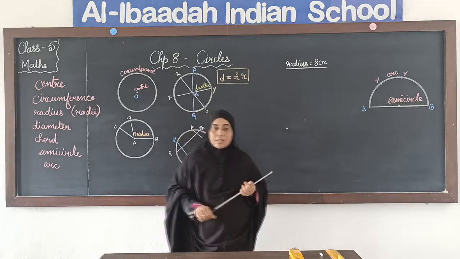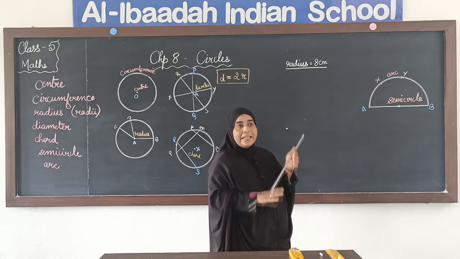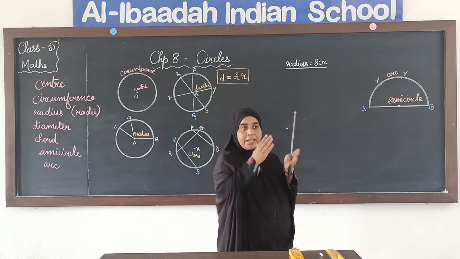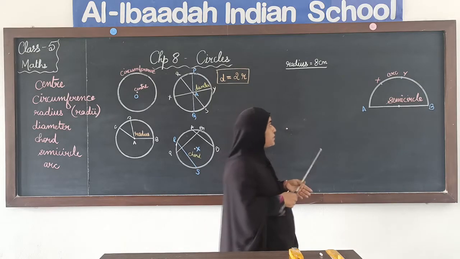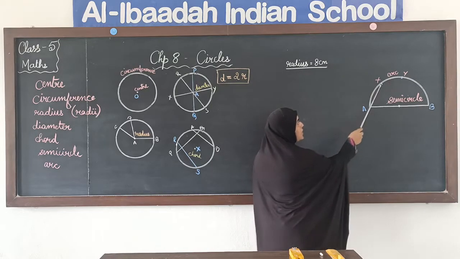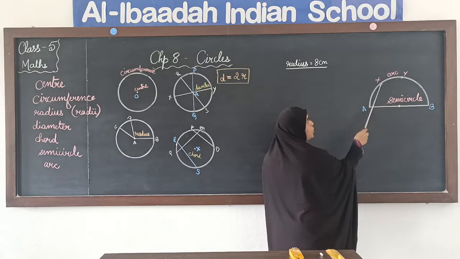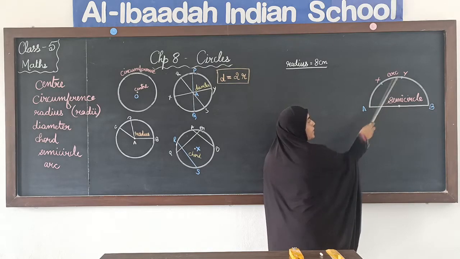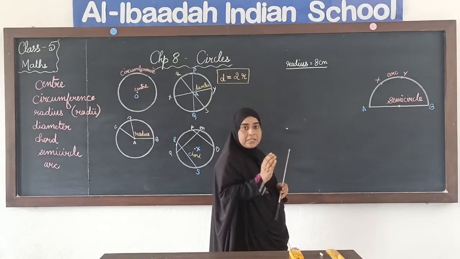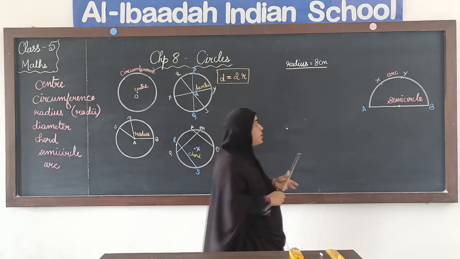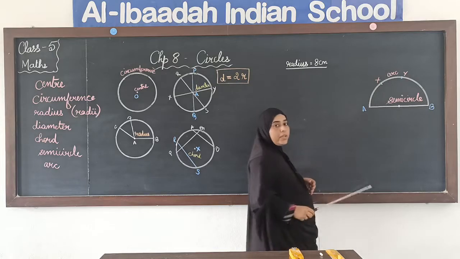Now what is an arc? Arc means any part on the circumference, any 2 points on the circumference. For example, you can see I have marked 2 points over here, X and Y. They are part of the circumference. So this part of the circumference we call an arc.